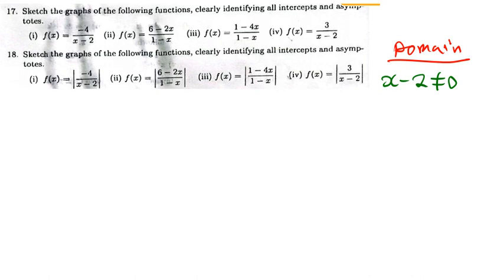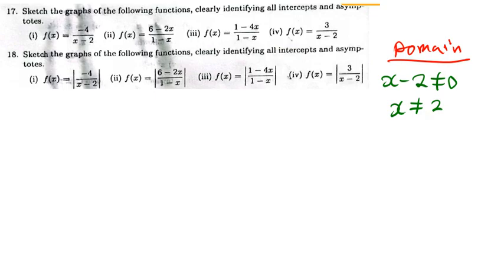Then we're going to solve for x. Shift 2 to the other side, x not equal to 2. Meaning that the domain can be any number except 2. Any number you can plug in here is going to work except 2, because if I put 2, it's going to be 2 minus 2, 0.